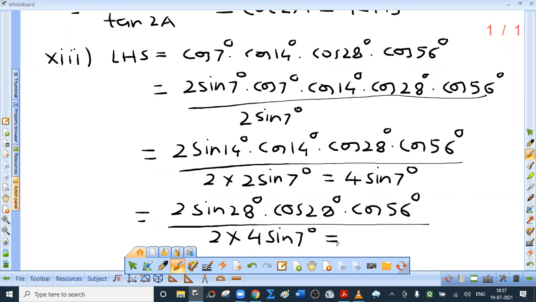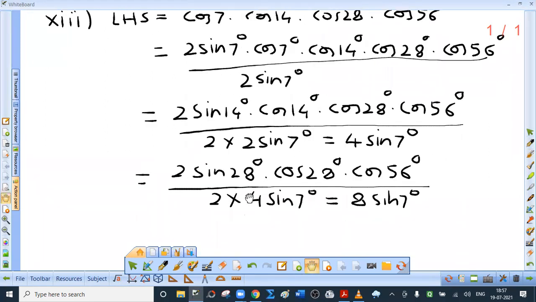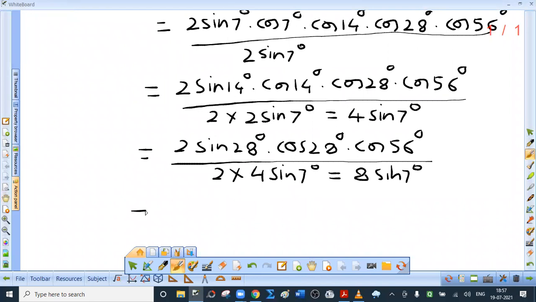I have to multiply that also by 2. So I get 8 sin 7 degree in the denominator. Now, again, the same formula is used repeatedly. What is 2 sin theta cos theta? Sin 2 theta. 2 times 28 is 56. So this is sin 56. Cos 56 degree is already there.